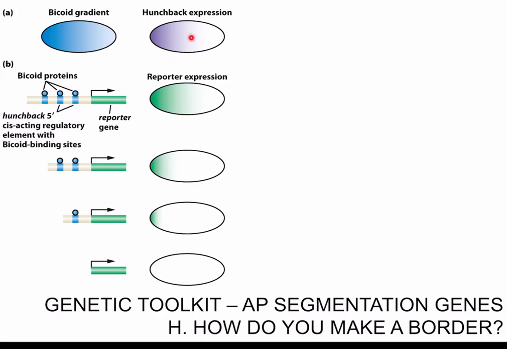In the case of hunchback, it's expressed only in the anterior half of the embryo, and then there is further refinement into pair-rule genes where they're expressed in narrow stripes, and so on and so forth. So the main question we have is, how do you go from something that's gradually changing into something that's more and more restricted or expressed in narrower and narrower regions of the embryo?